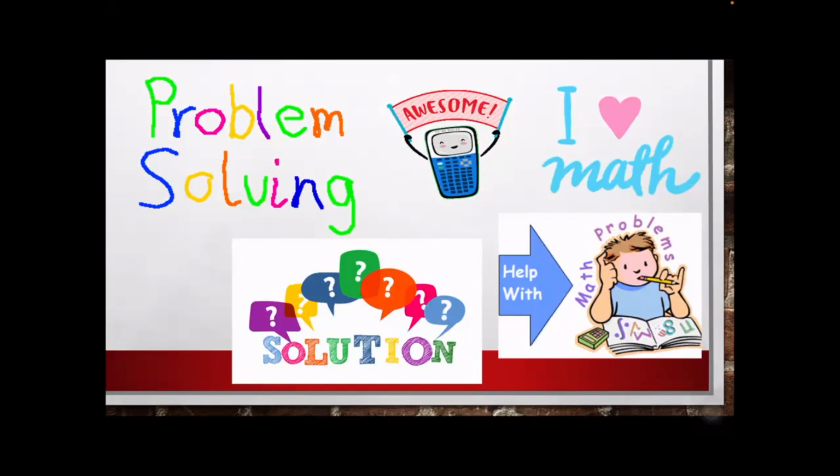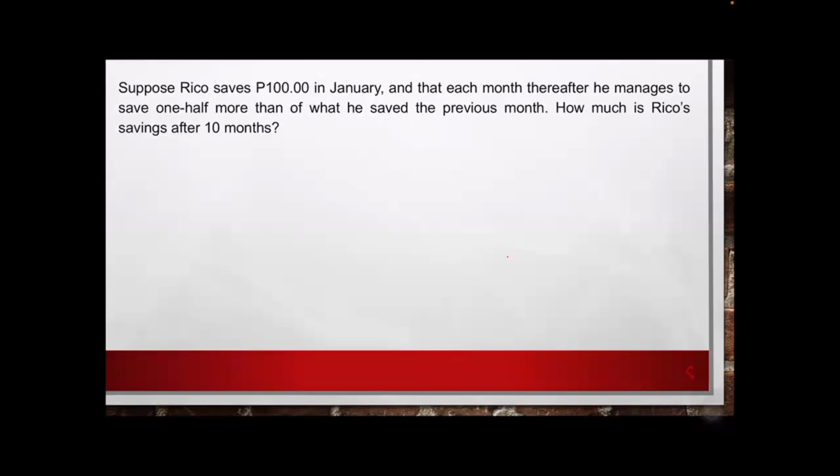So let's have now the problem solving. Suppose Rico saved 100 in January and then each month he managed to save 1/2 more than what he saved from the previous month. How much is Rico's savings after 10 months? So, here we have 100 as our first term, so a sub 1 is equal to 100.